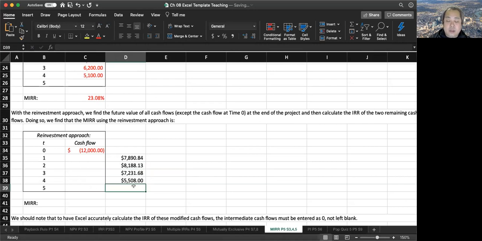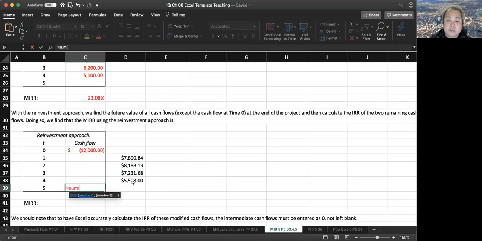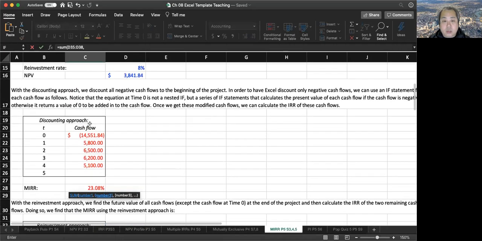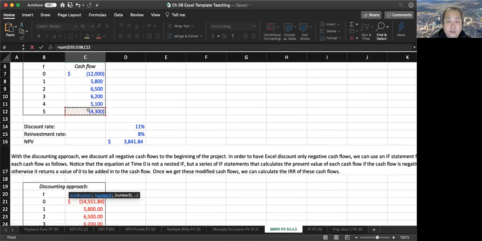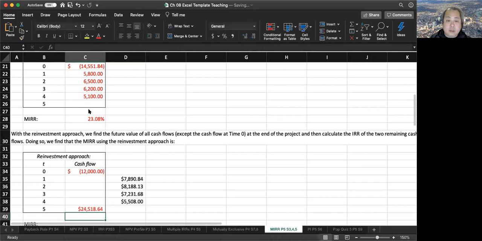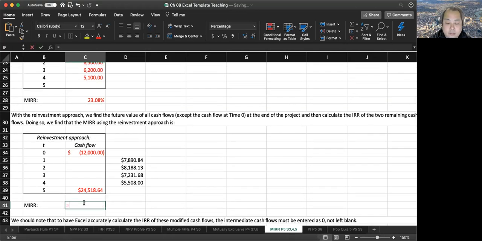Then your fifth year cash flow is exactly the same, right? And then you have the sum of these 4 and your final cash flow. Then $24,518.64 will be the fifth year cash flow if you reinvest every cash flow in the future. Find the IRR.